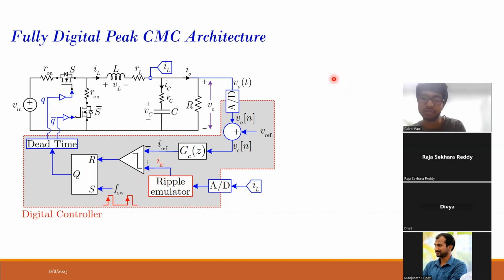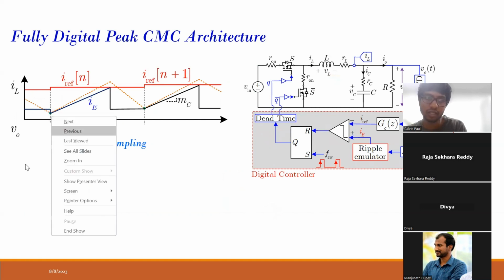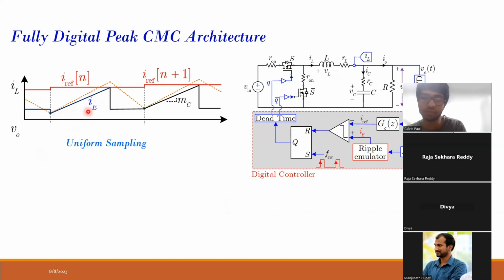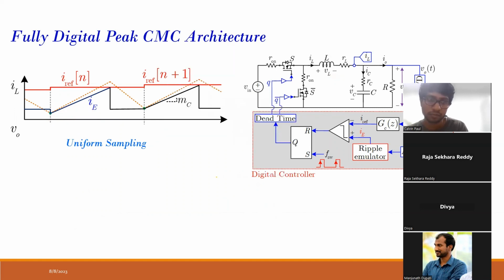Now what happens is, I take a sample of the inductor current over here. If I want to have the ripple information, I have to take samples like this, at this period, etc., so that I can get the inductor current waveform.